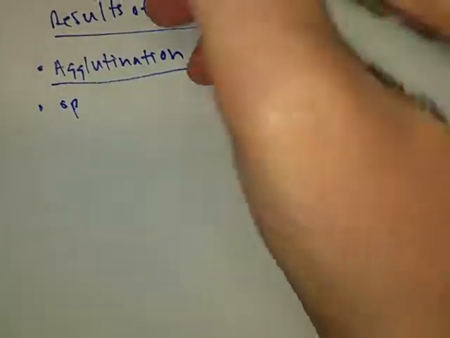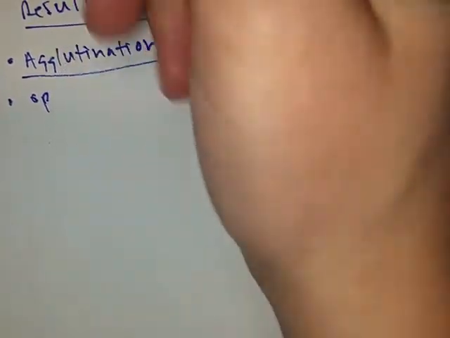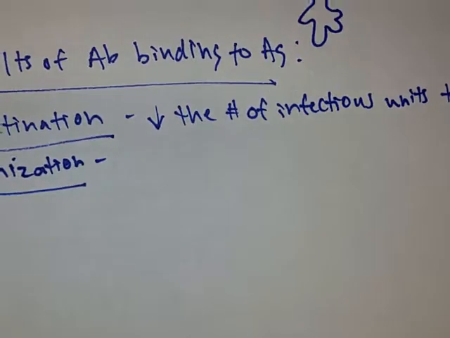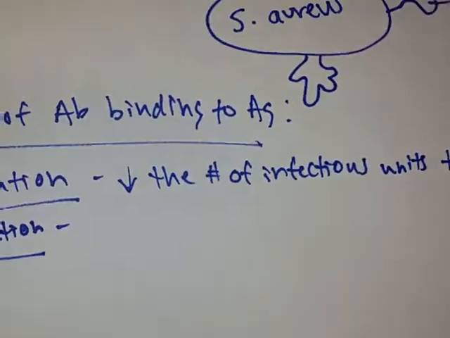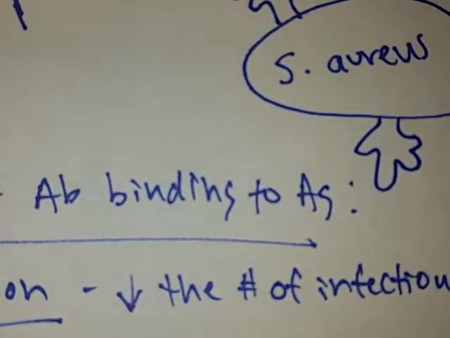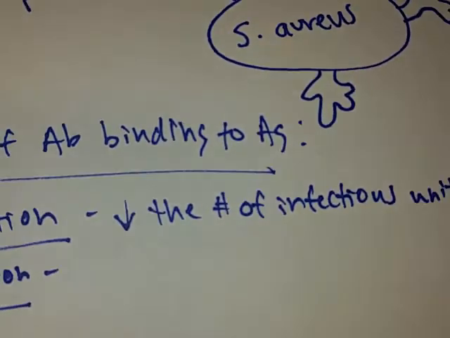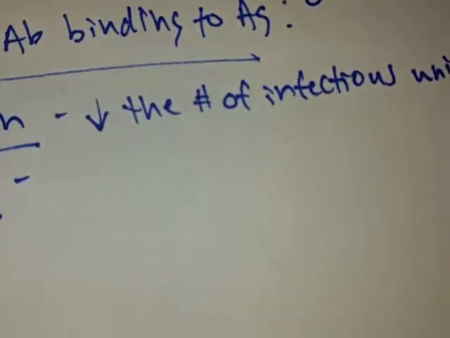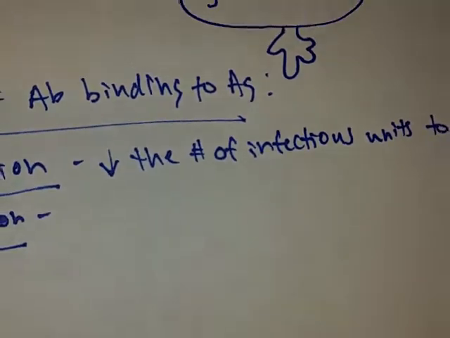Another thing that can happen is opsonization. Remember, we learned about that when we talked about the complement system.